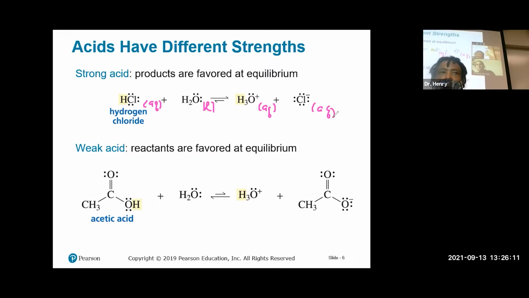Okay, so how would I determine my equilibrium constant, Keq? It's going to be my products over the reactants.